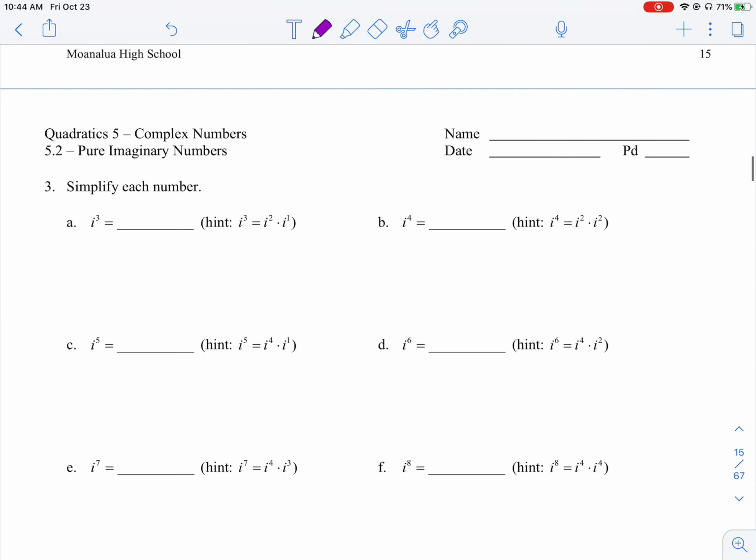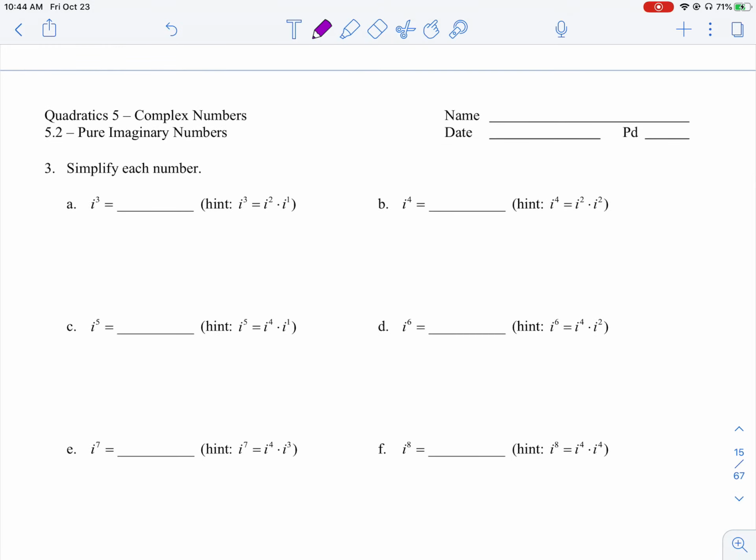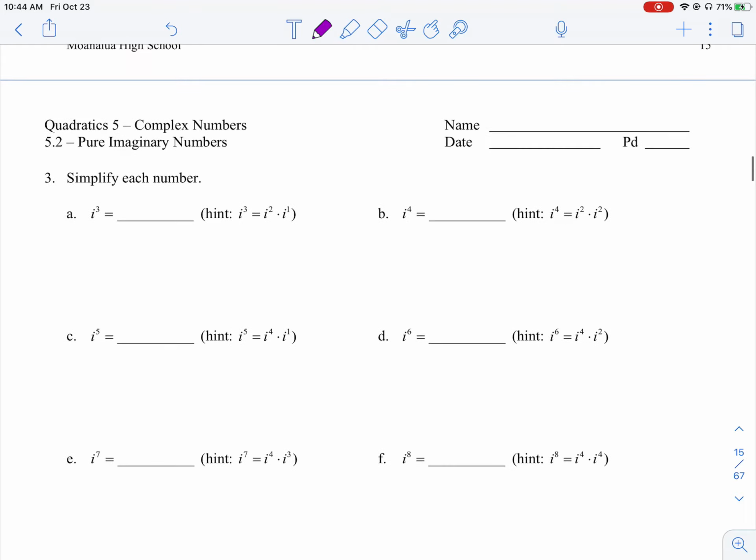Now for number 3, I'm going to give you some rules. This is something that you do not have to memorize, okay? But I'm giving you rules on how to get familiarized with it quickly. I'm just going to write this one and prove it to you after. Of course, i to the power of 1 is equal to i.